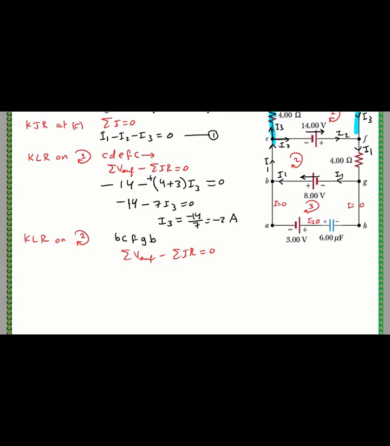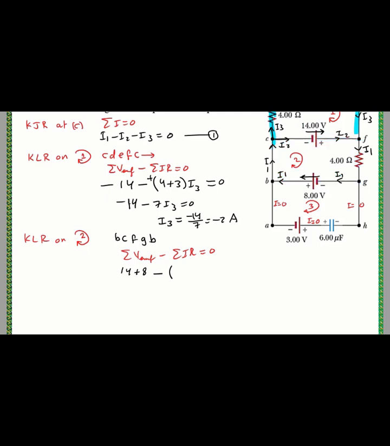From B to C, we have no battery. From C to F, we have a battery in the same direction of analyzing, so it is positive 14. From F to G, there is no battery. From G to B, we have a battery in the same direction of analyzing, so it is positive. So both batteries are positive, 14 plus 8, minus bracket.